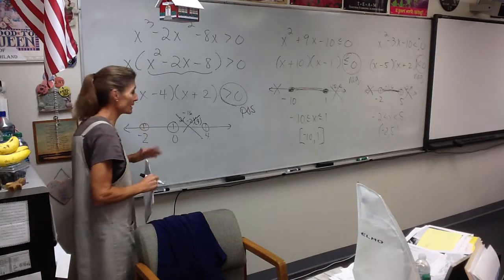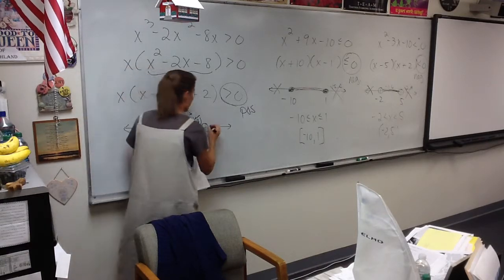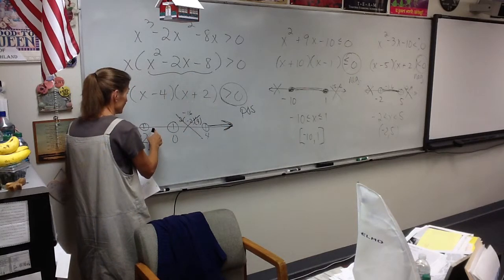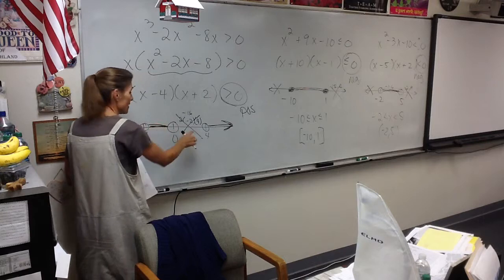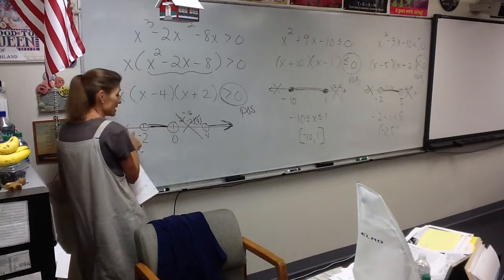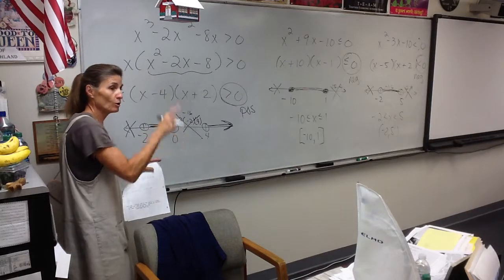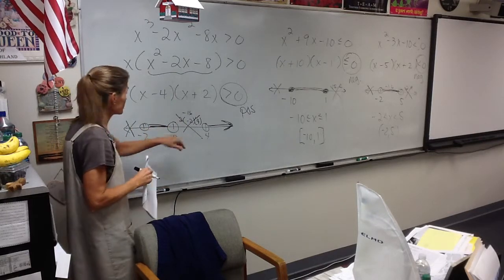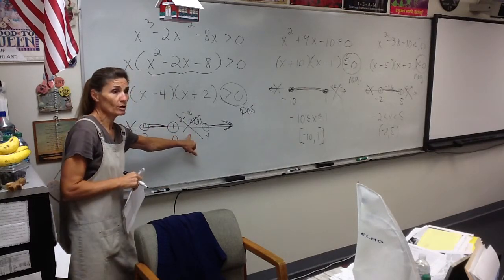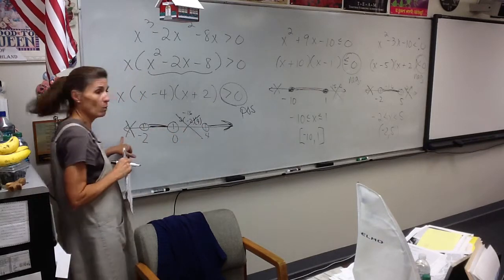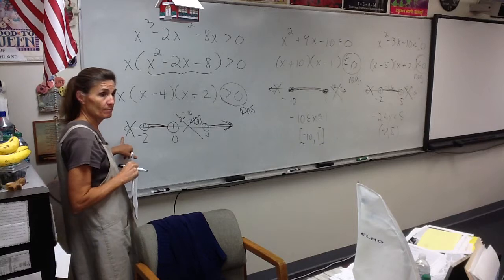Now what does that automatically mean? If that one didn't work, this does. How about this one? No. Oh, yes it does. That one didn't. How about this section? No. They alternate. Work, don't work, work, don't work. So as soon as we knew that one didn't work, then we knew these two had to, and that one didn't.